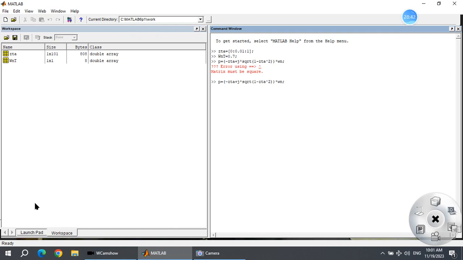In the matrix, I have negative zeta, where zeta is a sequence of values, and plus j times the square root, and this gives two zeros, times omega n.